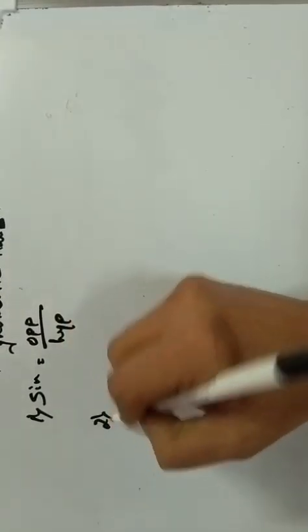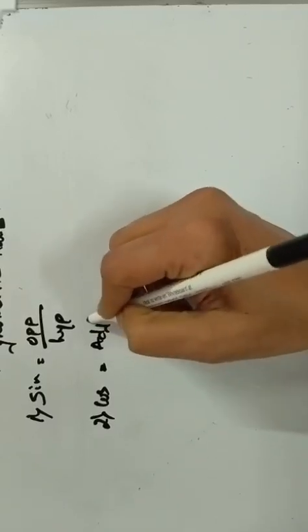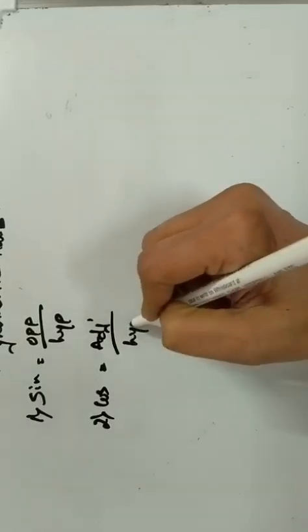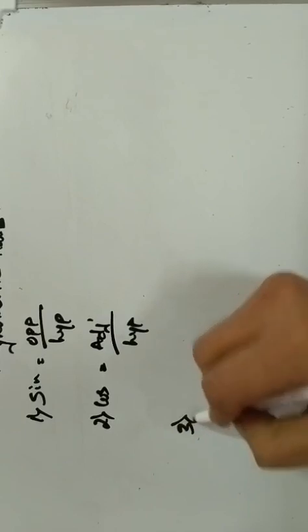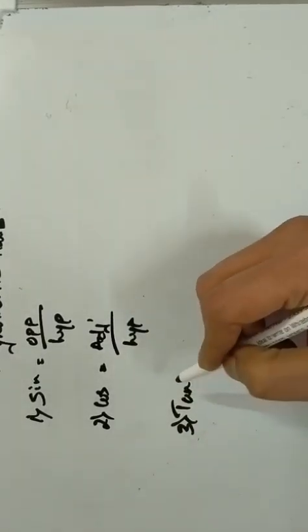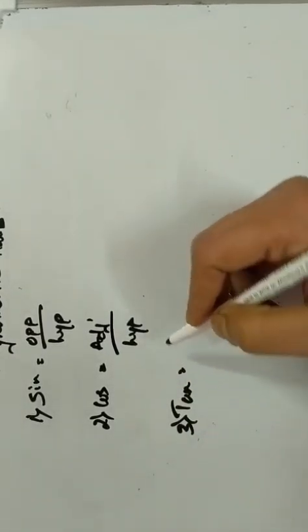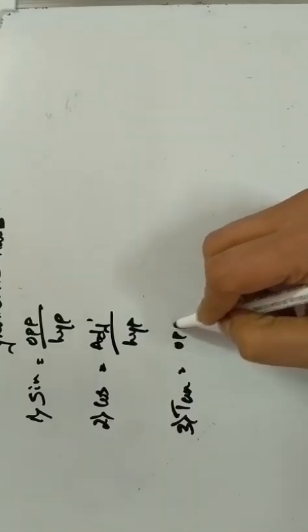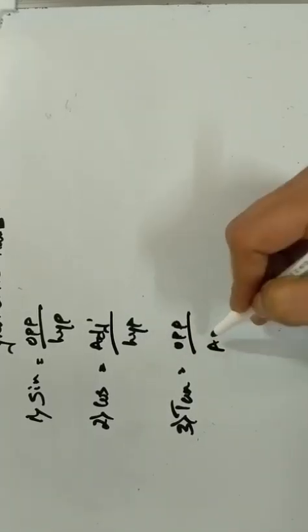The second one is cos theta, that is adjacent by hypotenuse. The third one is tan theta, that is opposite by adjacent.